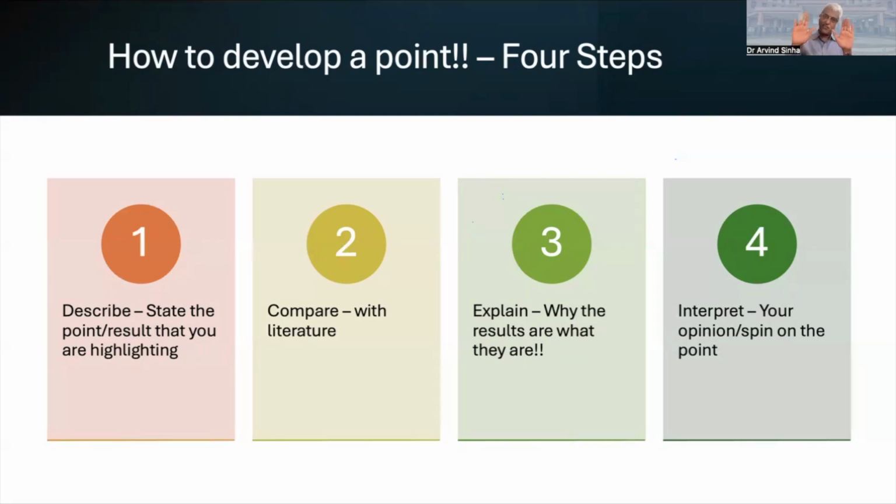That's the second step: compare the same finding against the literature. The third step is to explain the result, why the results are what they are. And the fourth is to interpret the results, your own opinion or spin on that point, right? So this is how you develop a key point in a four-step process.